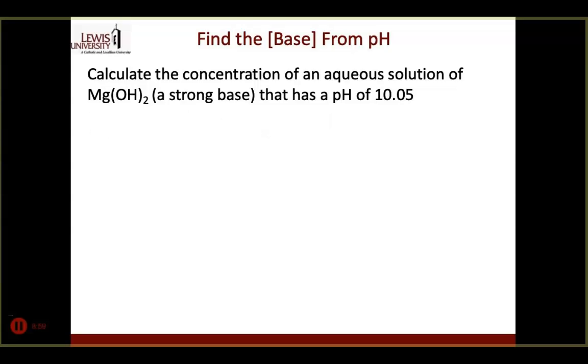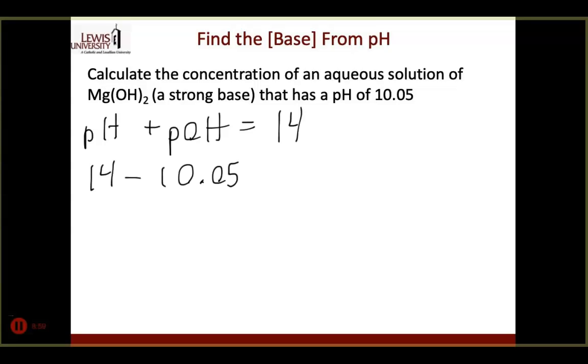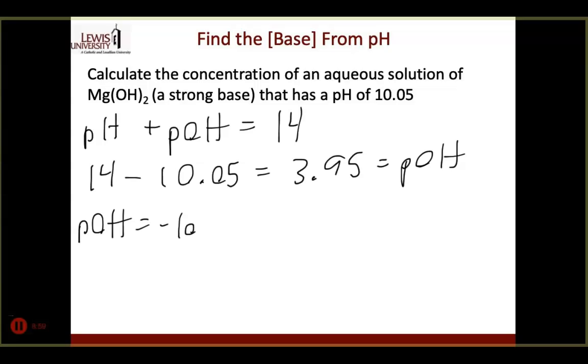Now we can find the concentration of OH minus by getting the pOH. We're given pH, but we know that pH plus pOH equals pKw, which is 14. So 14 minus the pH, which is 10.05, should give me the pOH value, 3.95, and that equals my pOH. pOH is just equal to the negative log of the concentration of OH minus.